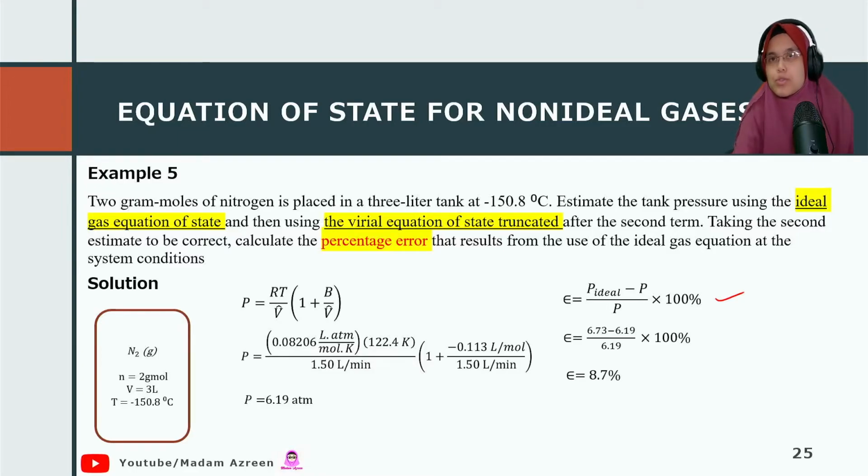The ideal means the pressure that we get from the PV equal to nRT equation. And then we get the error. Just use the equation directly. You just need to know how to get this information: the critical pressure and critical temperature you have to find from table B1.